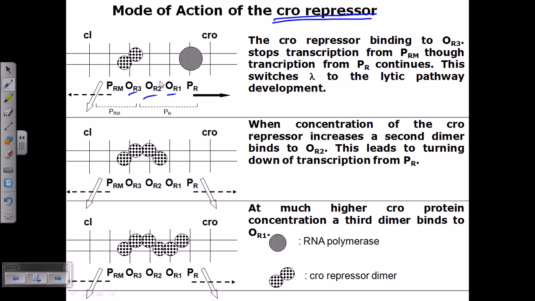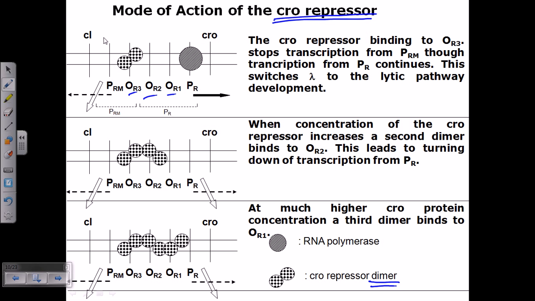So you can see at first the Cro repressor binds to the operator OR3, and usually the Cro repressor is active only when Cro is in the dimer form. So you can find in all these cases Cro is present in the dimer arrangement. Okay, and this thing is called the RNA polymerase. This is designated here. Okay, so first this Cro repressor or Cro dimer binds to the OR3 and it stops the transcription from this PRM, though the transcription from PR continues in this case.